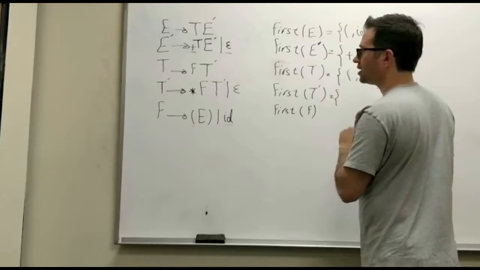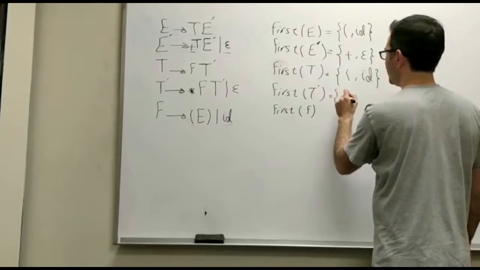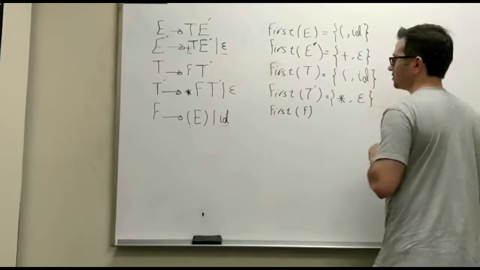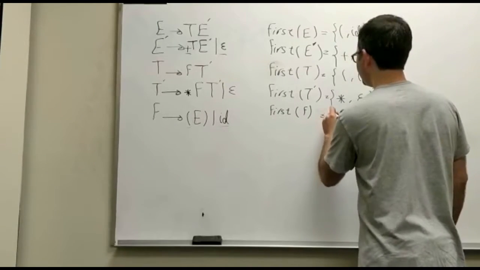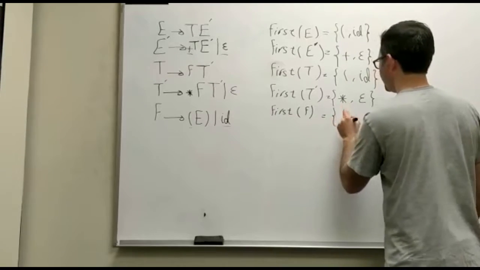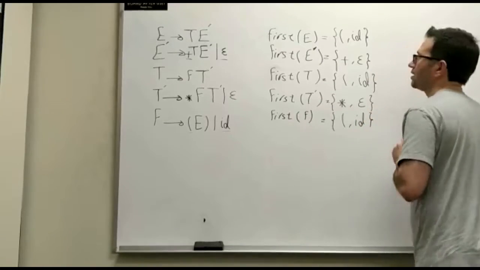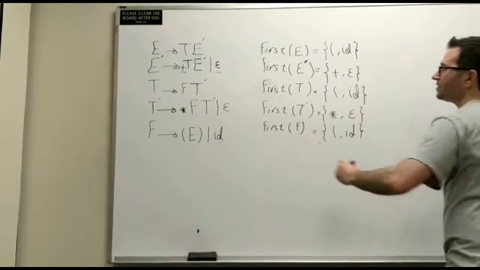And first of T prime is obviously star and epsilon. For first of F, we have very obvious left parenthesis and ID. So we have the first of each symbol.